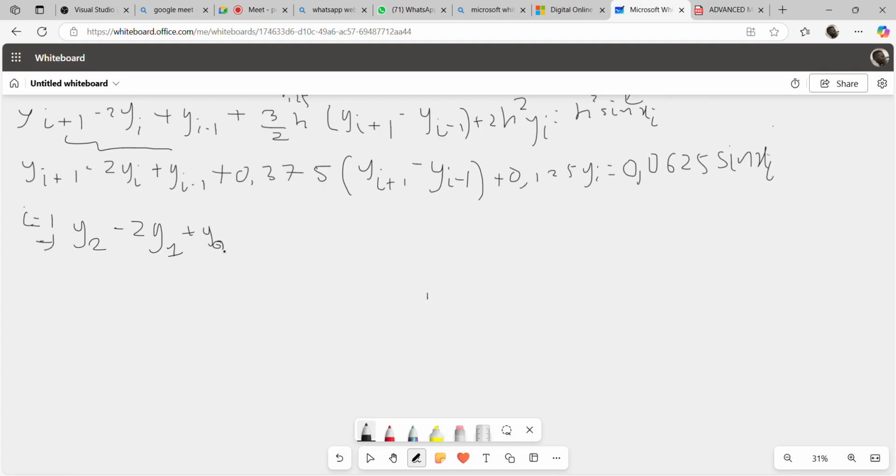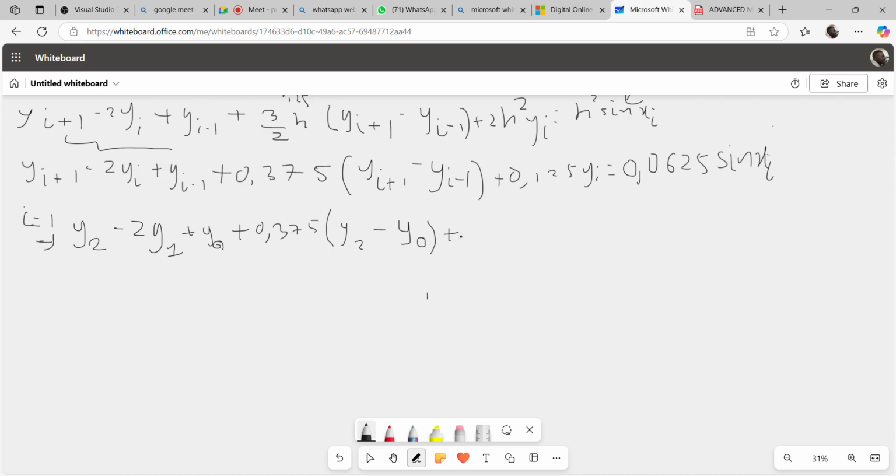Easy as that. Now you move plus 0.375. Now, what is happening inside here? You have i plus 1. Remember, i in this case is 1. So you have 1 plus 1, which gives you y2. Now, you move again. Minus this expression here, it will give me y0. Remember, 1 minus 1 gives 0.